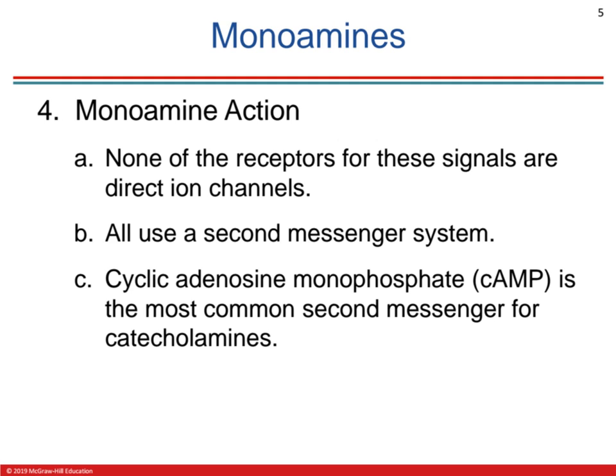Or it could be other effects like activation of adenylyl cyclase, which would lead to an increase in cyclic AMP in the postsynaptic cell. Now, for monoamines, none of the receptors are direct ion channels. They all use a second messenger system. An example would be cyclic AMP, the most common second messenger for catecholamines.